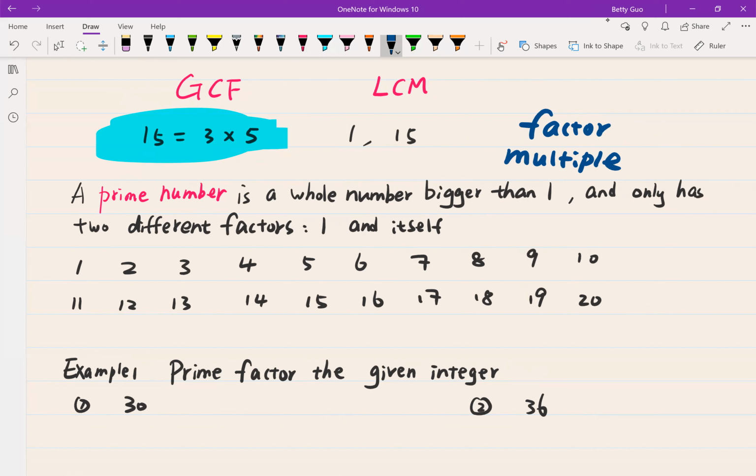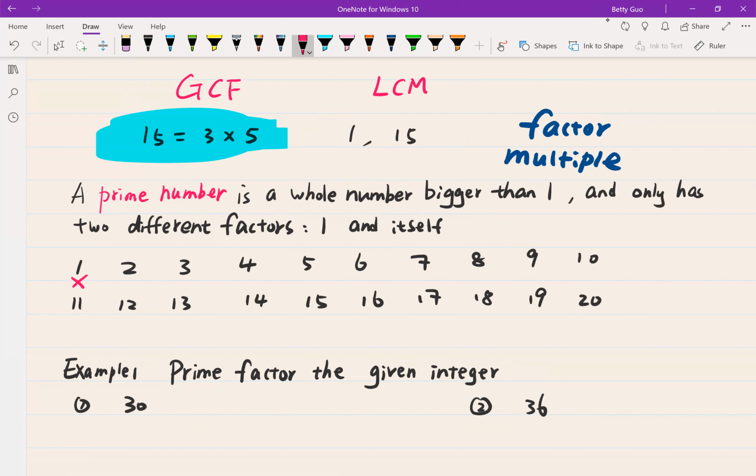A positive integer which is not a prime is called a composite. But here we focus on prime. What is a prime number? From the definition, we know 1 is not a prime number. Why?